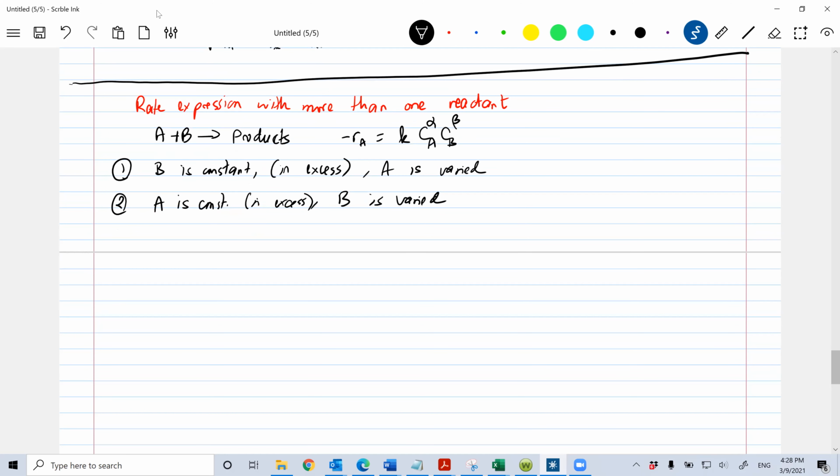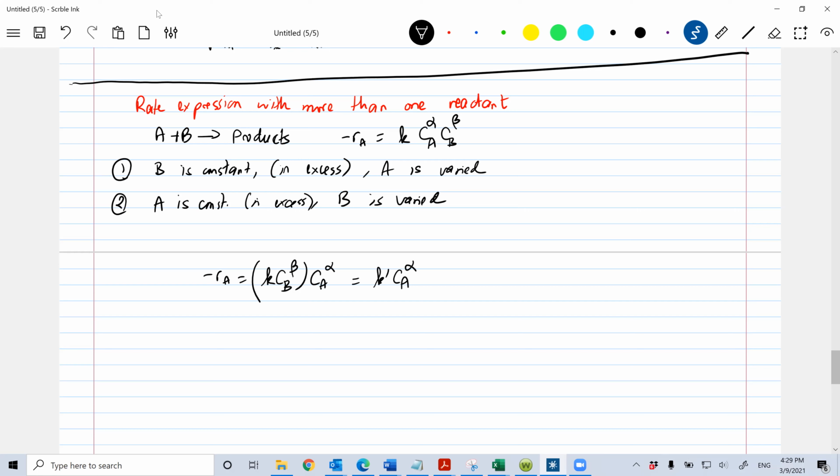So what does this look like? If you take the first case where B is constant or in excess, you can write minus RA equals K CB^beta, and that's a constant, times CA^alpha, which is K prime CA^alpha.